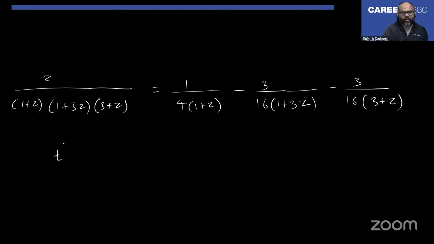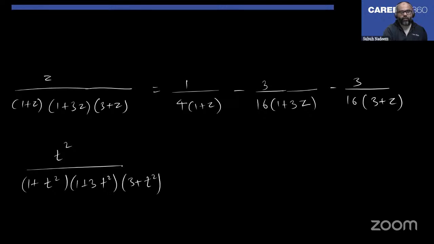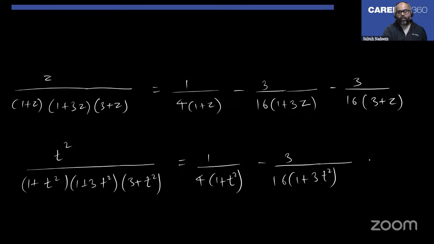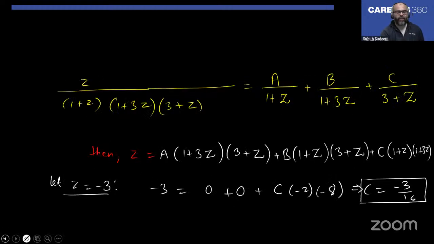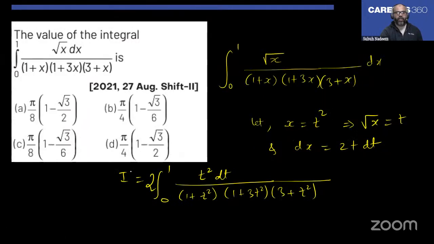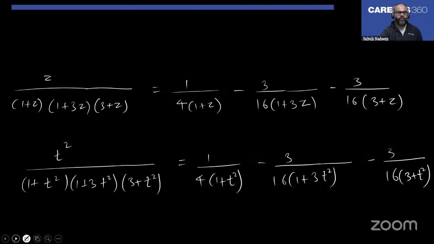Now z is actually t square. So t square by 1 plus t square, 1 plus 3t square, 3 plus t square is equal to 1 by 4 times 1 plus t square, minus 3 by 16 times 1 plus 3t square, minus 3 by 16 times 3 plus t square. So this integral over here, this integral I is equal to 2 times of this.